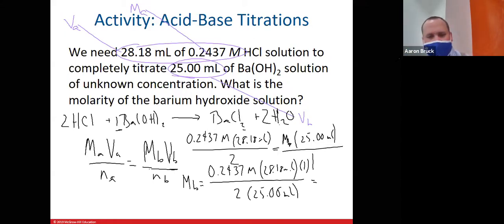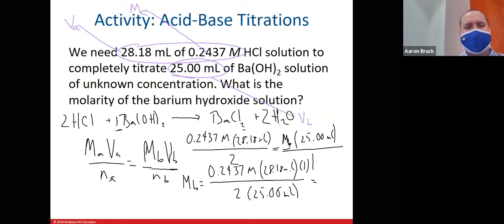My base molarity, 0.2437 times 28.18 divided by 2 divided by 25, to 4 significant figures. Divide by 25.